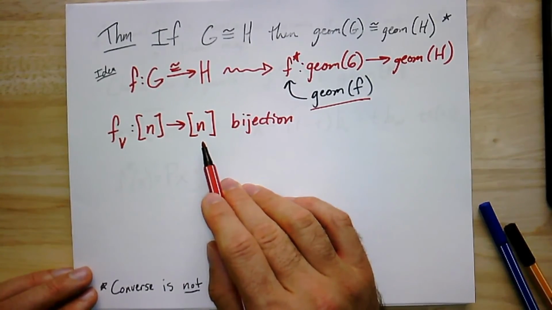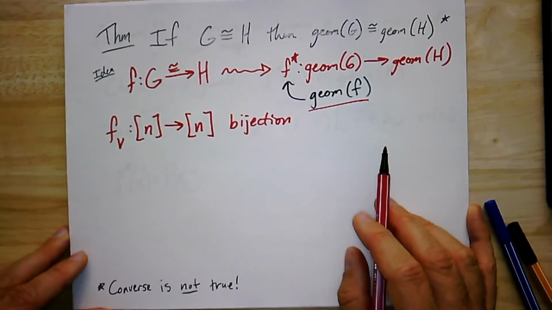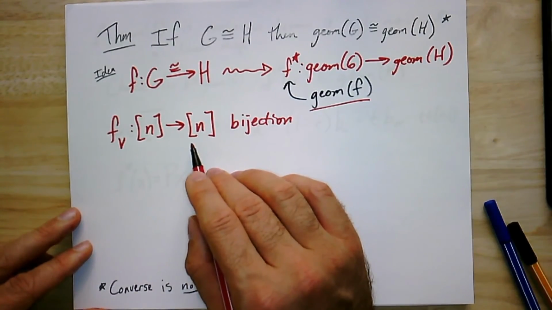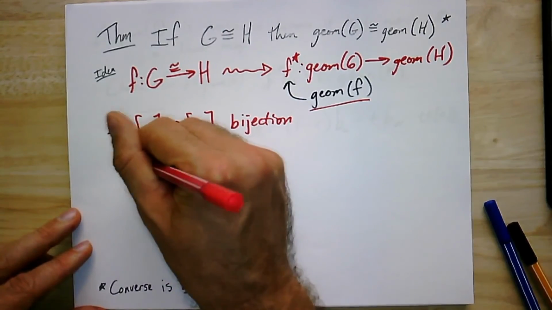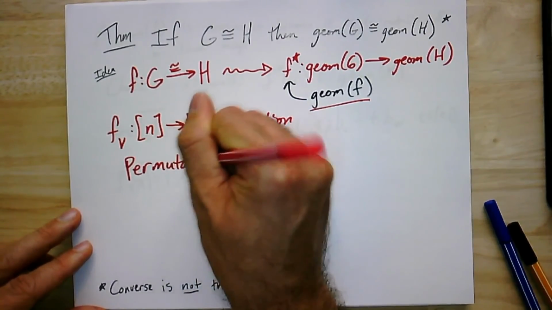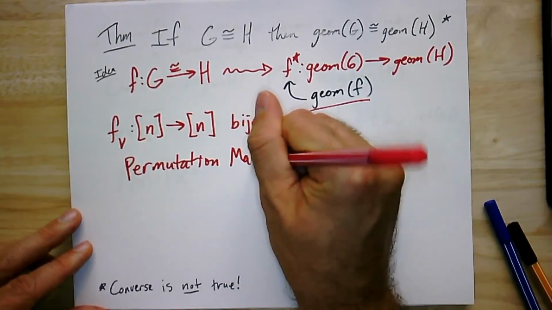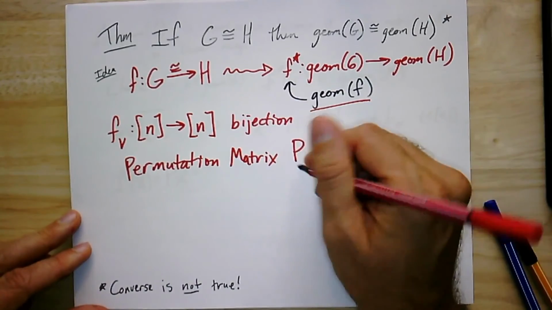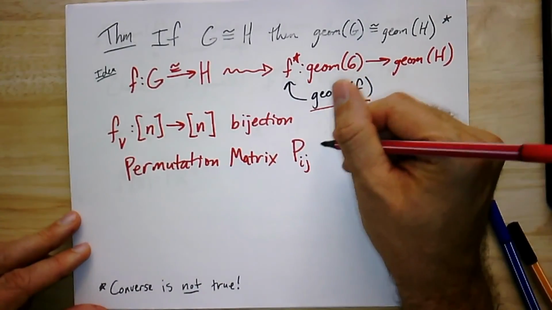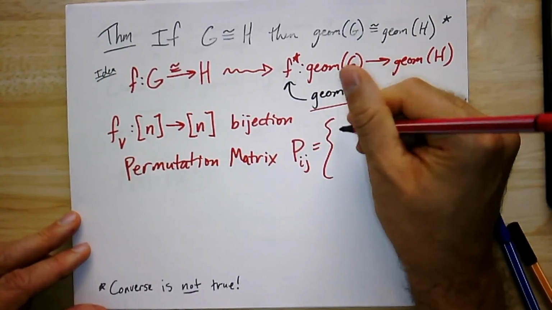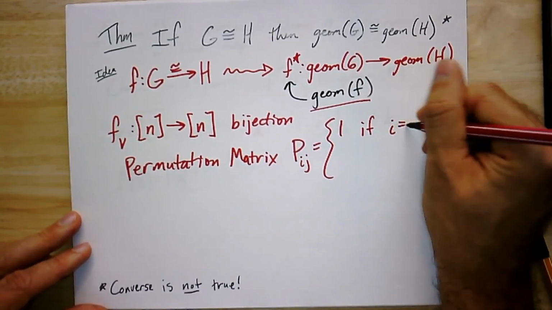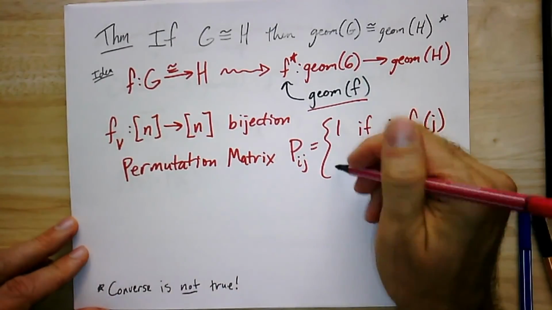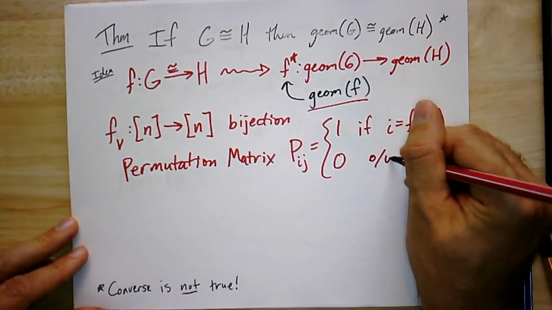Bijections like this are permutations. If it's just a permutation, we can represent it with a matrix, a standard idea. A permutation matrix can be written as follows. I'll call it P, and the ij-th element of the matrix is just going to be 1 if i is fv of j, and 0 otherwise.